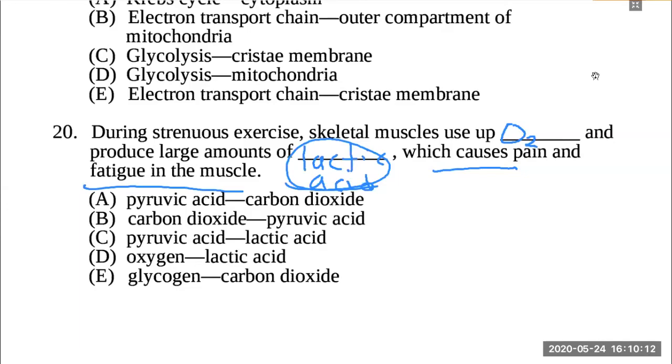So the answer for the question is D, in which oxygen will be used, and as a result the oxygen will not be enough, so lactic acid will be produced, which causes pain for 2-3 days or maybe a week. Then that lactic acid will be broken down and return to its normal state.